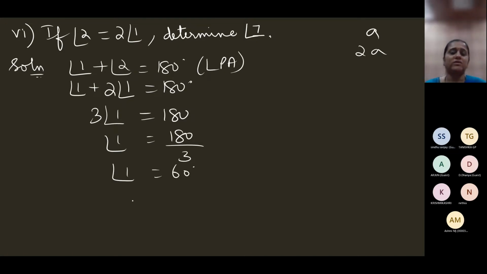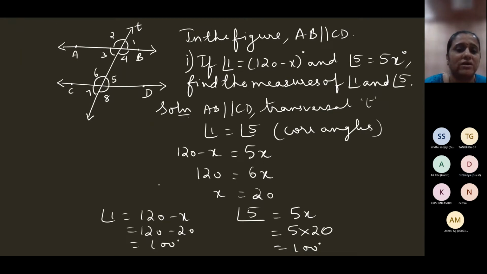Okay. So then what is angle 2? Okay, 1 minute. We have to find angle 7. Angle 1 and 7 are related, no? Alternate exterior angles. Angle 1 is equal to angle 7. Alternate exterior angles are equal.